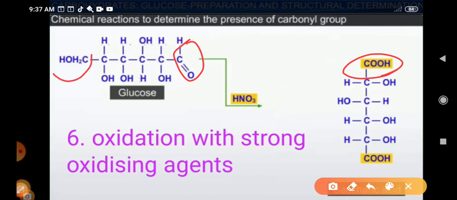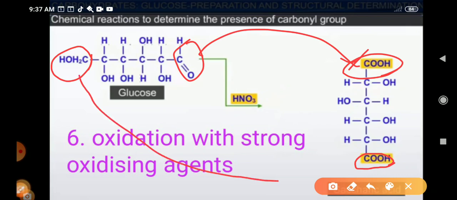But in order to convert this CH2OH alcoholic group into acid, a strong oxidizing agent is needed. So when we use a strong oxidizing agent like nitric acid, it is found that both the aldehyde group and the alcoholic group get converted into acidic group.